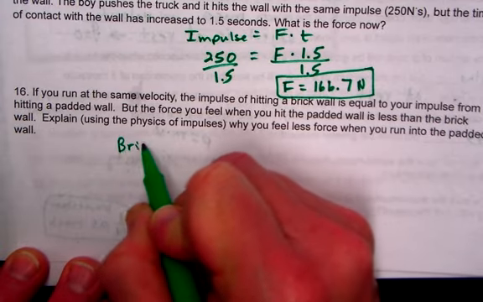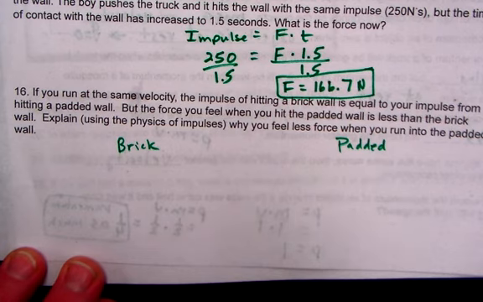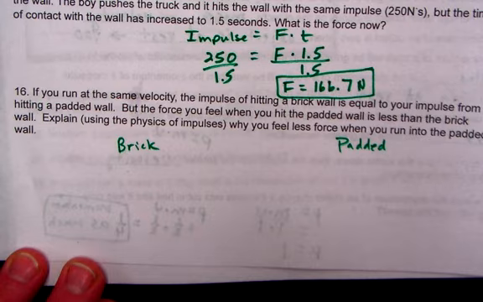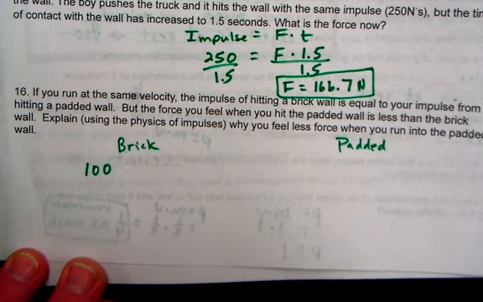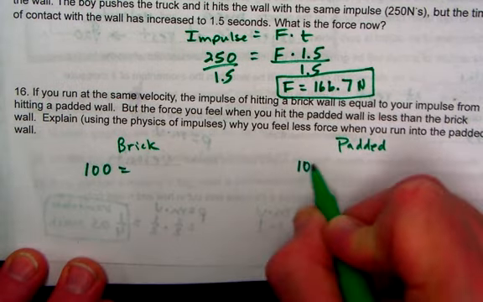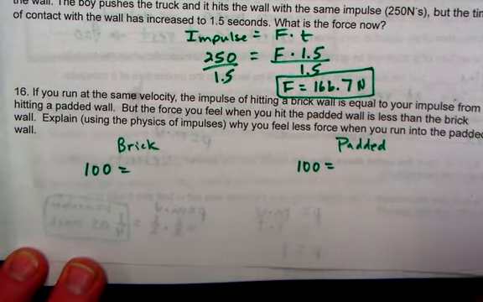If you have the brick wall and you have the padded wall, in both cases, your impulse is the same because you are coming to a stop. You're changing your momentum from moving to stopping, so your momentum change is the same. Let's just say it turns out to be 100. In both cases, the impulse is 100. I'm just making this up.